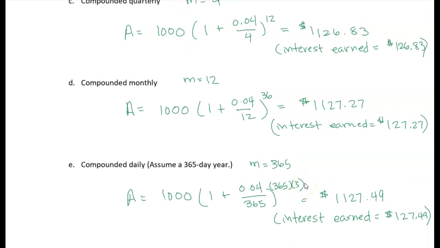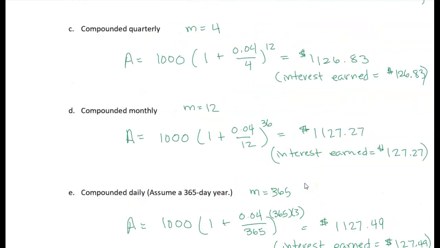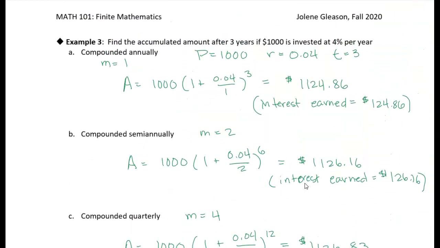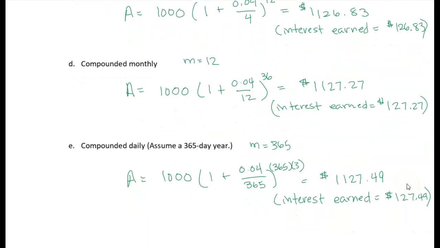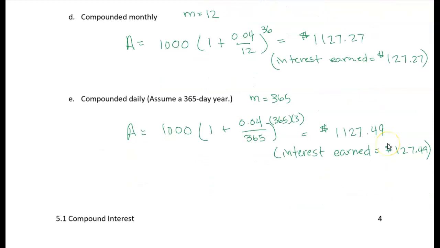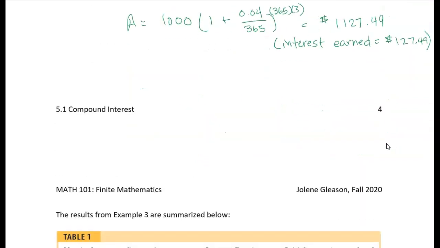But it's kind of diminishing returns. When we went from compounding annually to compounding semi-annually, we made a couple of extra dollars. But when we went from compounding monthly to compounding daily, it's a few cents. So it seems like the more you convert, we have some diminishing returns there.